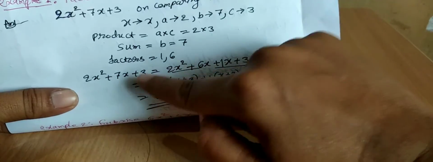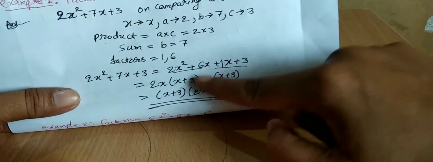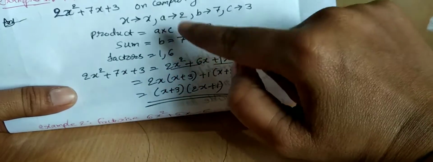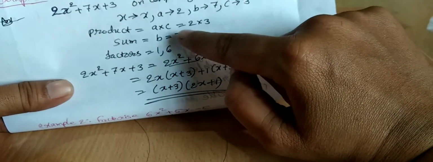This 3-term expression is split into a 4-term expression by splitting the middle coefficient into two terms with the factors we chose.